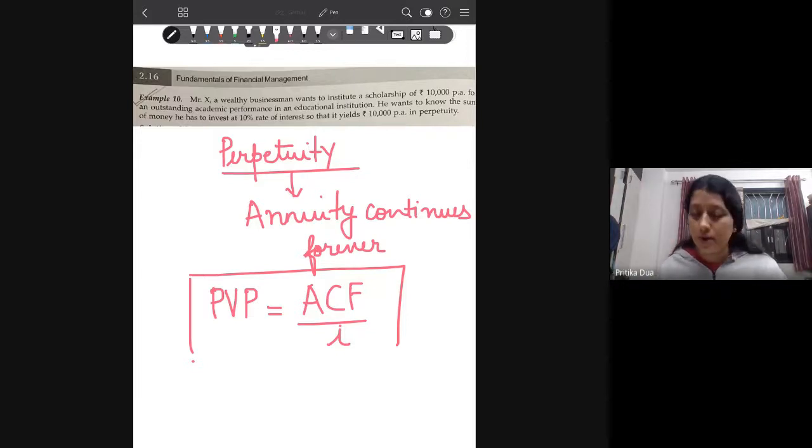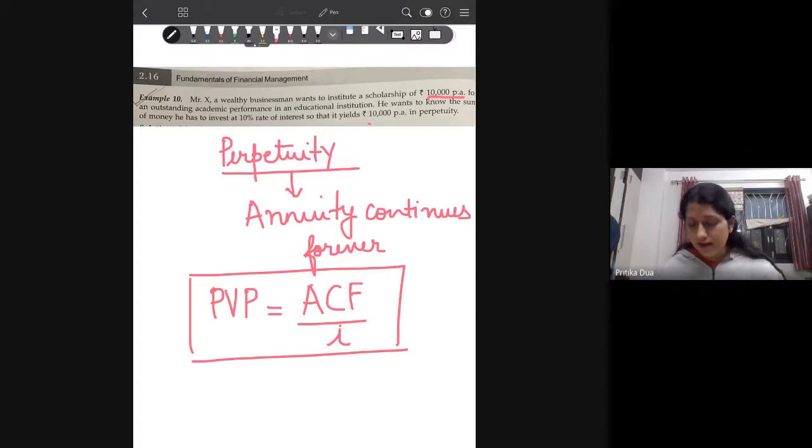A similar question is given to you: a businessman institutes a scholarship of 10,000 per annum for outstanding academic performance in some educational institution. He wants to know the sum of money he has to invest at 10% so that it yields 10,000 per annum in perpetuity. So, one lump sum deposit which leads to a scholarship of 10,000 rupees annually forever.